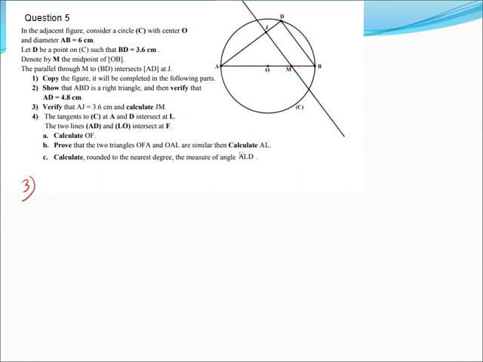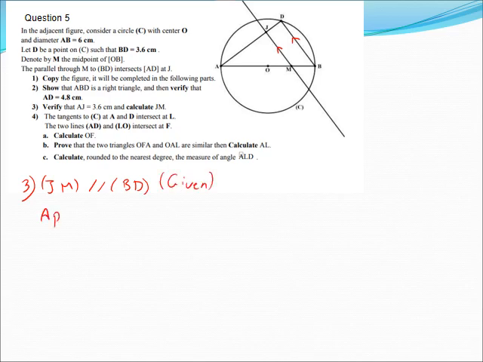Number 3. Verify that AJ equals 3.6 and calculate JM. First, JM is parallel to BD, given.